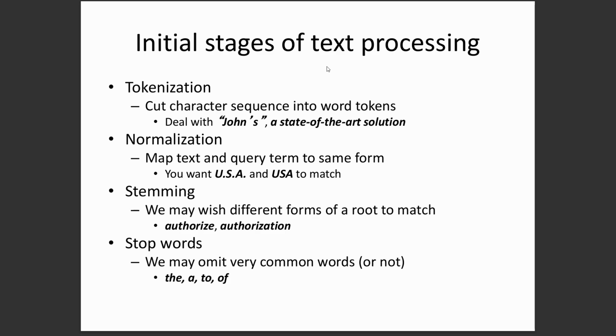We usually write U.S.A., but USA without any dots is also the same, so both are basically the same. That is what we mean by normalization. Stemming means finding the root word of any given word. Stop words are articles, prepositions, and common words that you come across in any document.